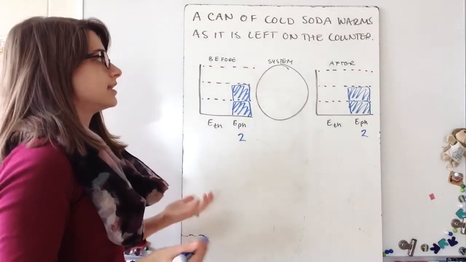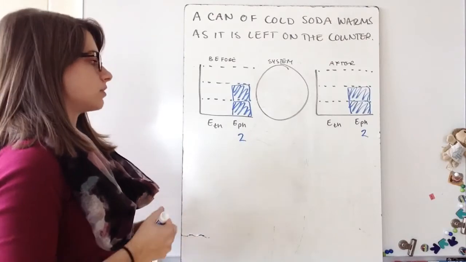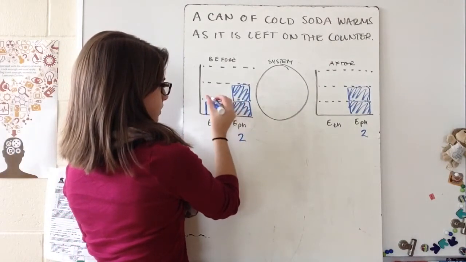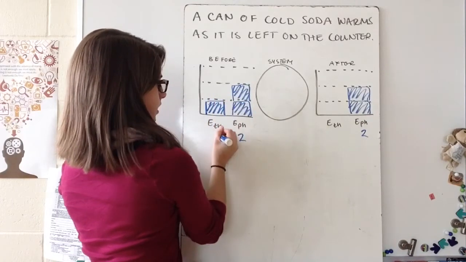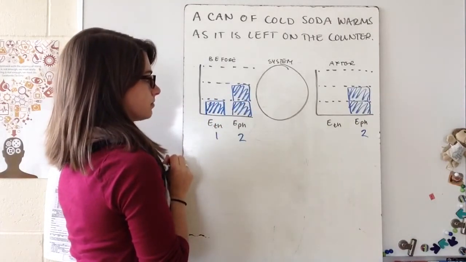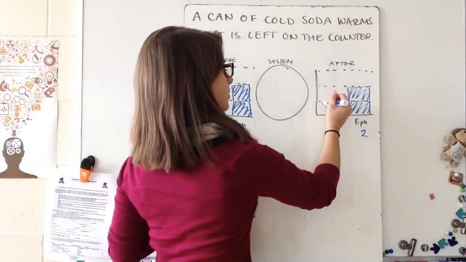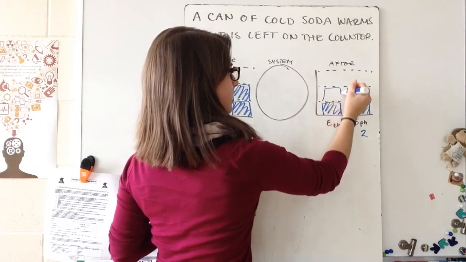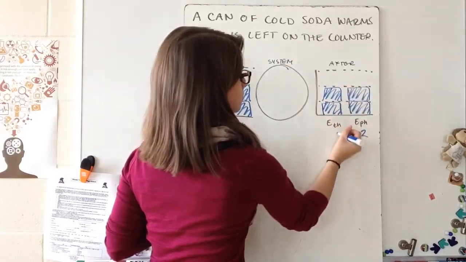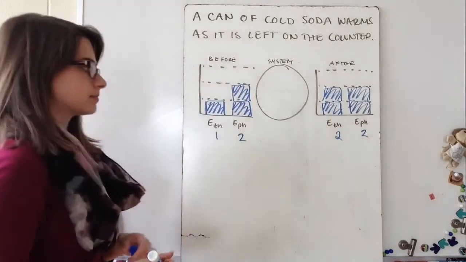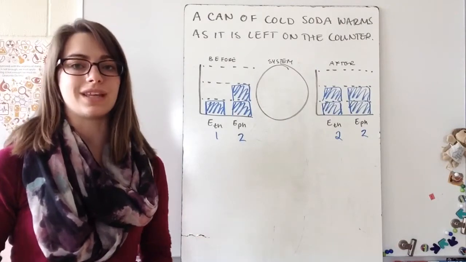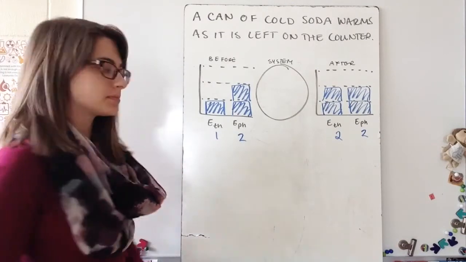Okay, so the change that did happen is that it warmed up. So it started cold, so it has low thermal energy. We're going to say that it has 1 bar of thermal energy. And then it warmed up probably to room temperature, unless you heated it. So I'm just going to say it now has 2 bars of thermal energy because it warmed up. Since the can of soda warmed up, we know that it gained thermal energy.